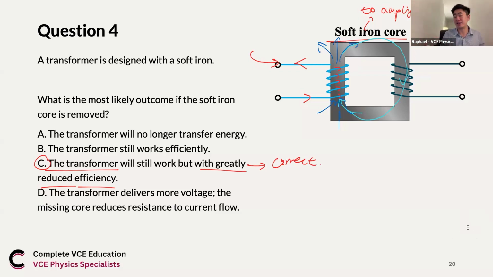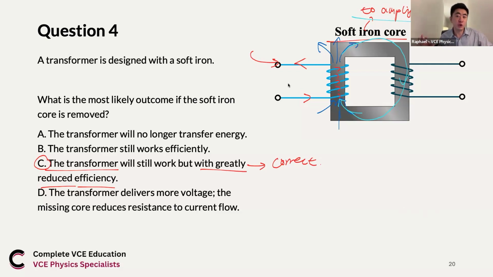If they're in a magnetic field that is going up, they'll align themselves upwards to magnify or amplify the magnetic field. If they're in an external magnetic field that's going down, similarly, they'll align themselves to magnify this downward magnetic field. So the purpose of the soft iron core again is to amplify the B field, and so it makes the transformer a bit more efficient, and that's why we use it.